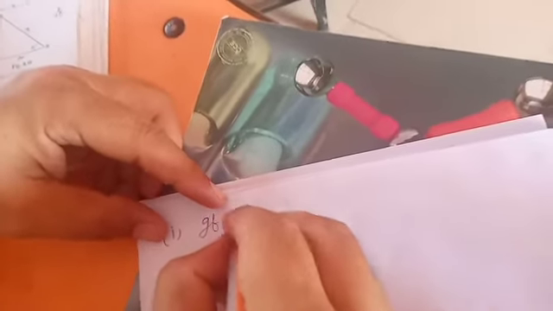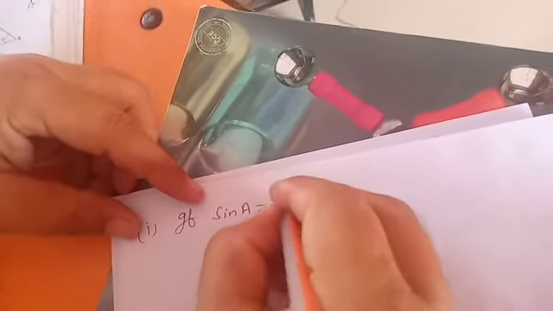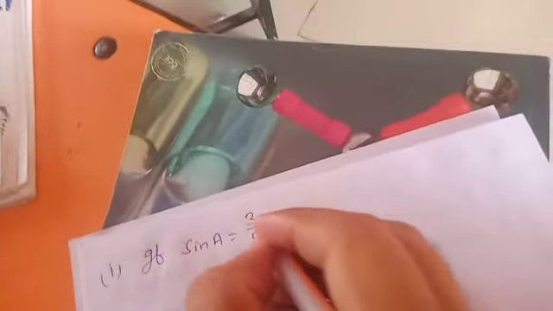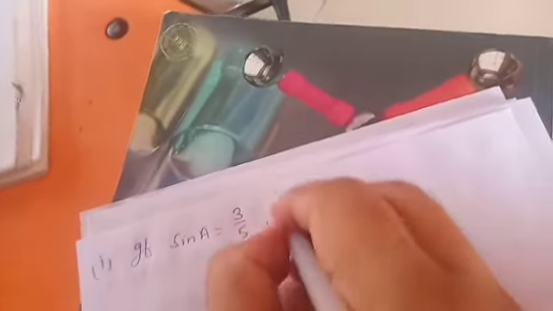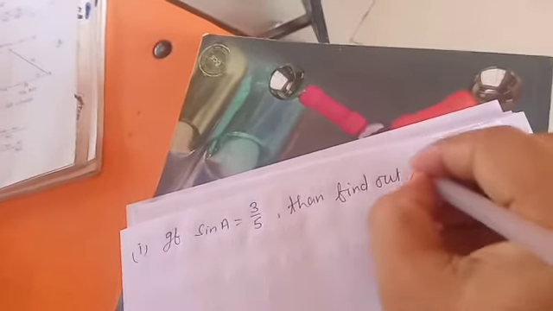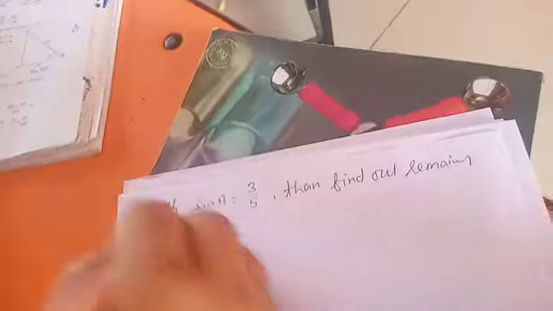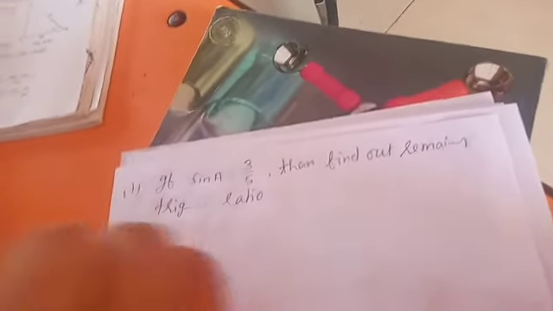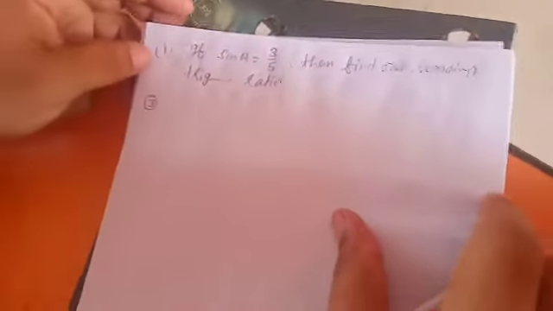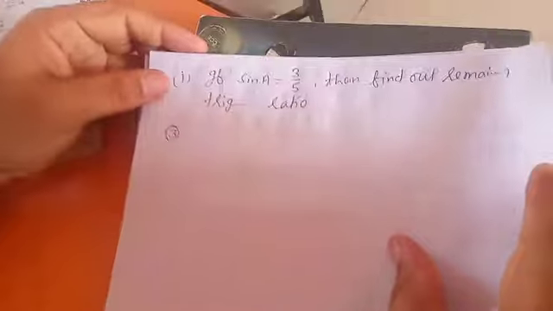If sin of A is equal to 3 by 5, then find out the remaining trigonometric ratios. And 3 questions related to these examples you have to solve yourself. We will start tomorrow from example number 2. Thank you.